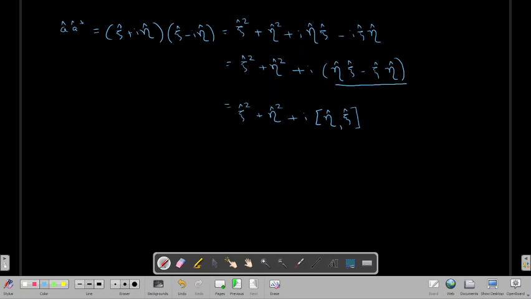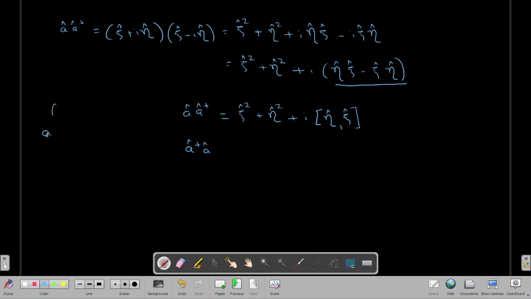So this is your value of A into A dagger. Now, if I want to find the value of A dagger into A, this will be simply the Hermitian conjugate of this thing.